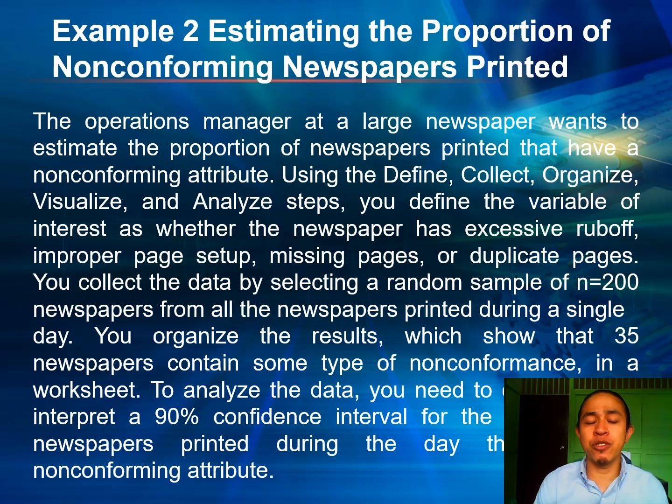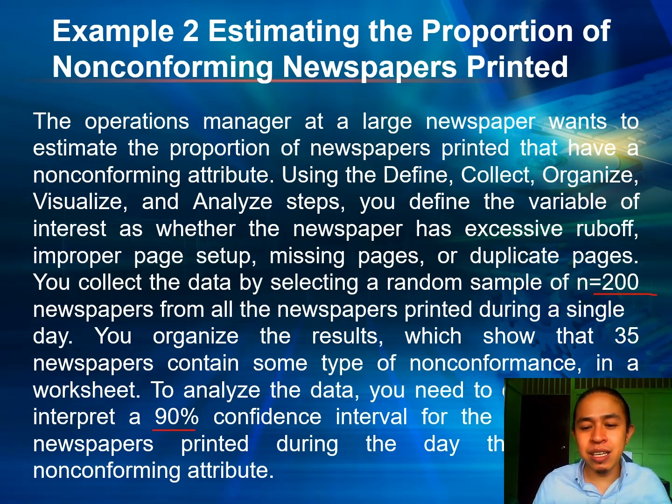In a sample of 200, we found 35 newspapers that did not conform. So we have 35 divided by 200. Our P is 0.175. The level of confidence is 90%. Our n is 200.